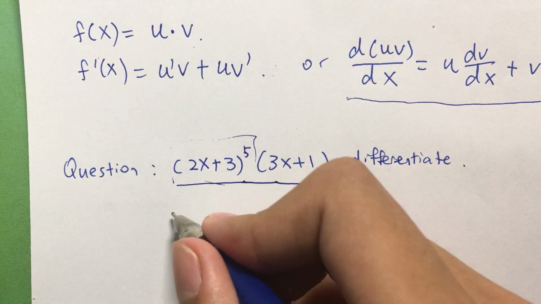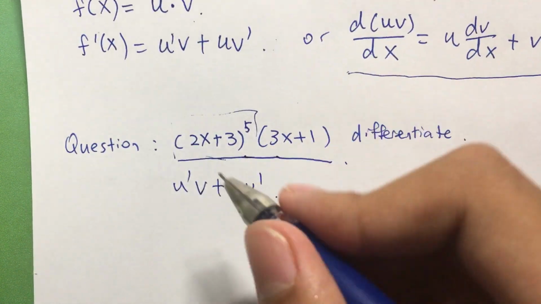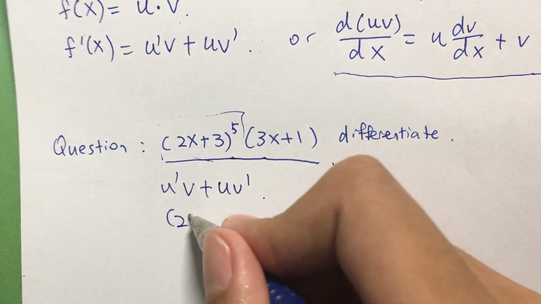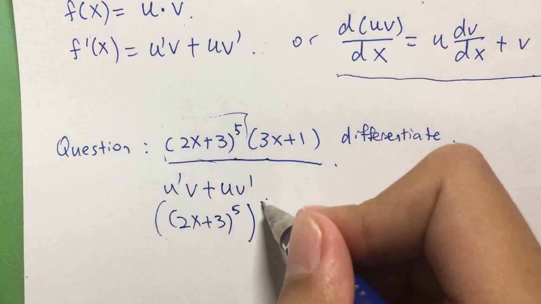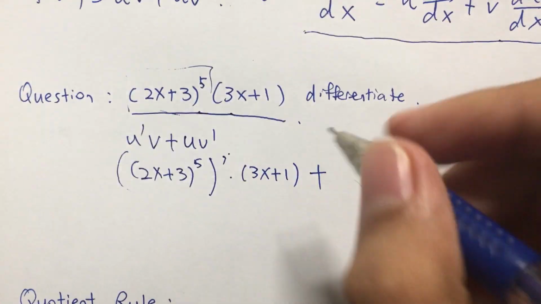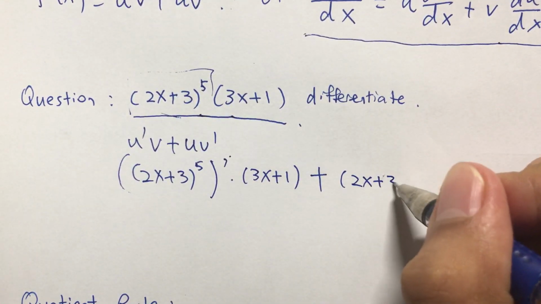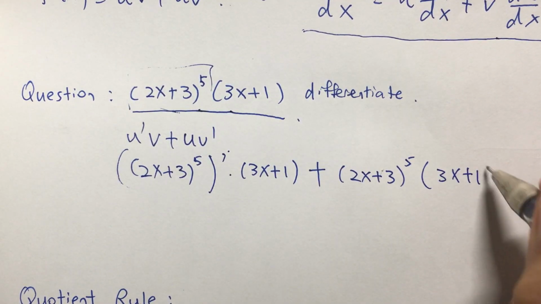This question will be u dash v plus uv dash, which means (2x plus 3) to the power of 5, dashed, times (3x plus 1), plus (2x plus 3) to the power of 5 times (3x plus 1), dashed.